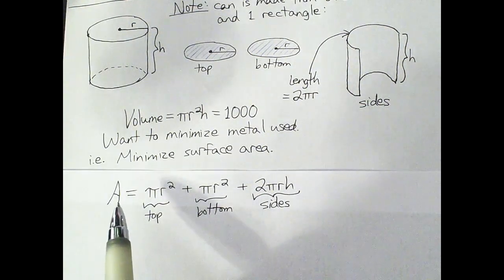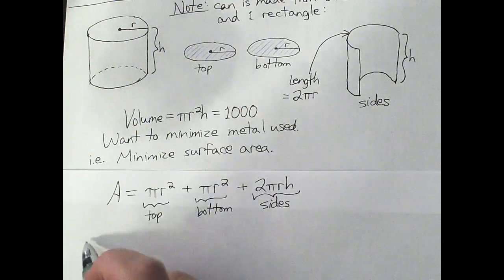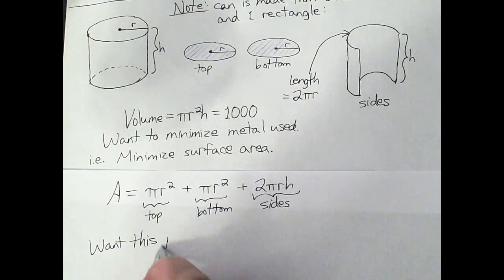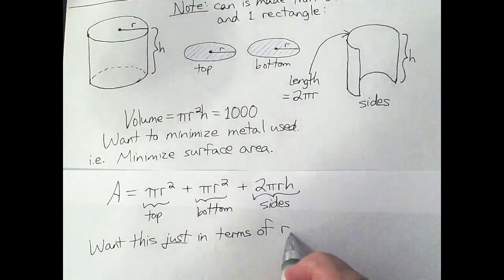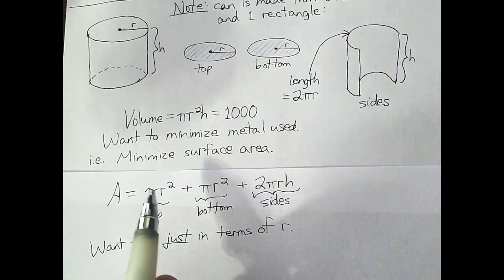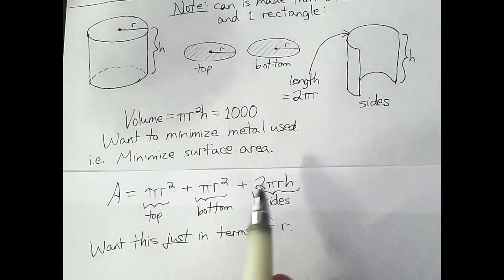So I'd really like to get A just in terms of one of them. I think it would be nice if we could get this just in terms of r. Now, technically, you could do this just in terms of r or just in terms of h. But I think we should go with r because r appears in more places, like r squared, r.